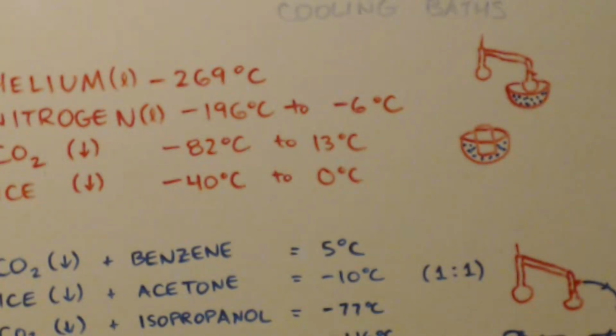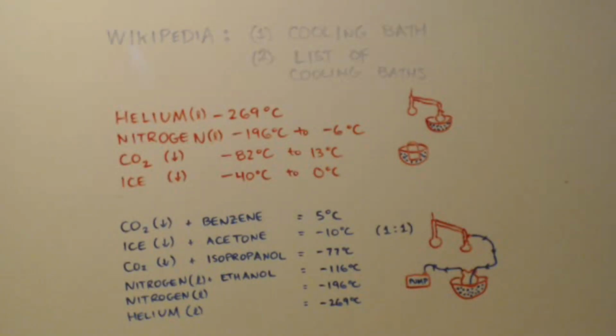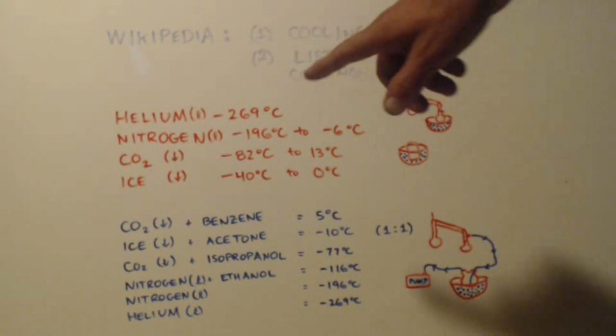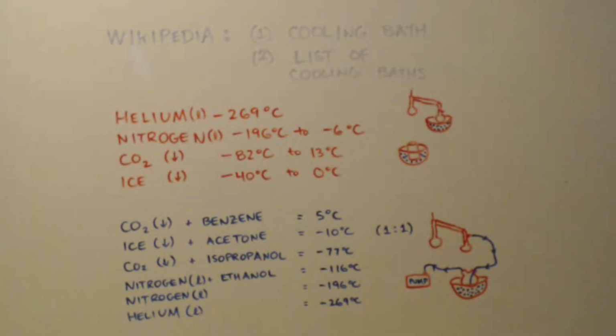Now, if you go to Wikipedia, like I said, they give you a lot more examples for the cooling bath. I'm just going to go over a couple here. Helium, if you can get liquid helium, you get down to minus 269 Celsius. They have stuff with nitrogen in it, but if you just use liquid nitrogen, you can get it down to minus 196 degrees Celsius.